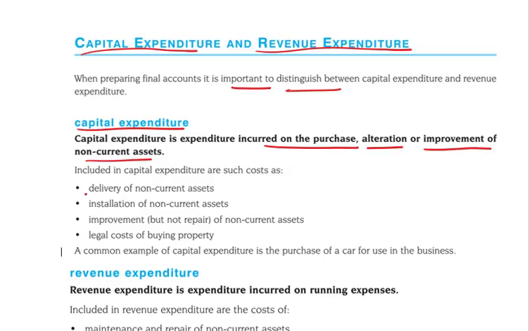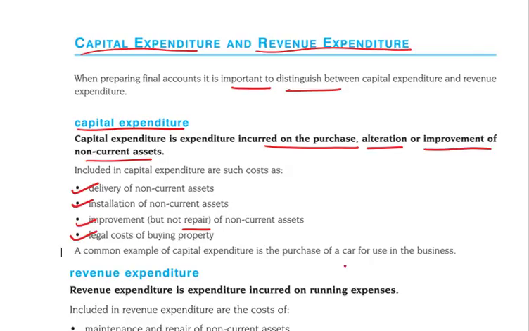Also, delivery of a non-current asset, the initial installation of a non-current asset, and improvement, not just repair. It's a big improvement like an extension, or any legal cost, like you paid your lawyer £2,000 or any pound when you purchased a non-current asset. These are your capital expenditure.